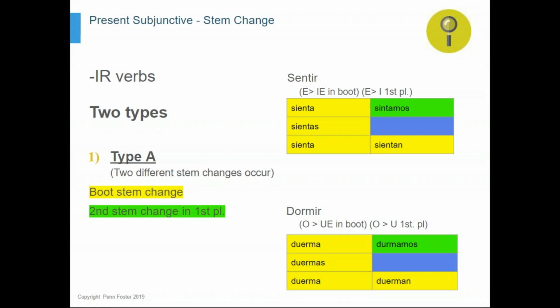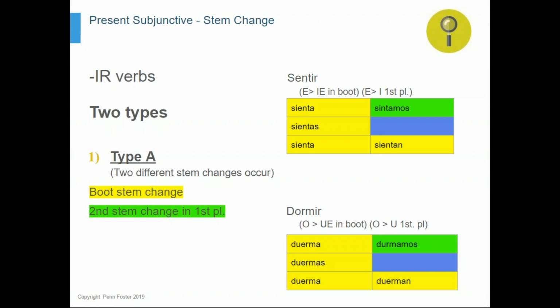In this case, for verbs that are type A, sentir and dormir, two examples of this type, there are two different stem changes within one conjugation. So you have the E to IE type, that would be in the boot, shown in yellow. And then you have just the E to I only, also a stem change, but a different stem change, and that's shown in green.